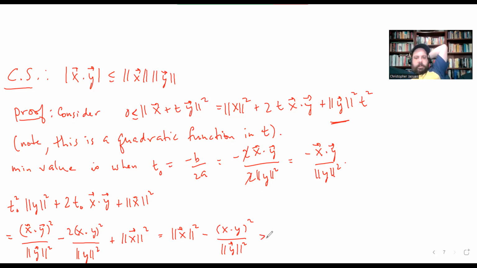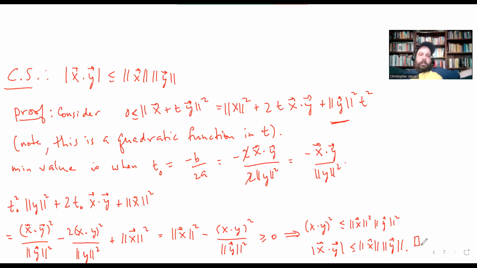And if you solve that for x dot y, you get x dot y squared less than or equal to length of x squared length of y squared. Take the square root of both sides and you get absolute value x dot y less than or equal to length x times length y.